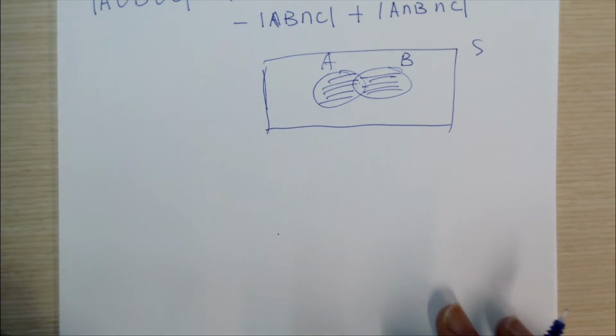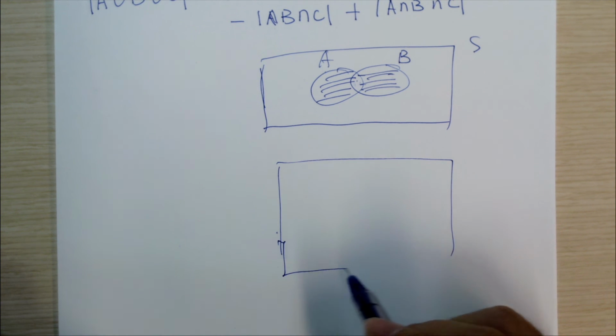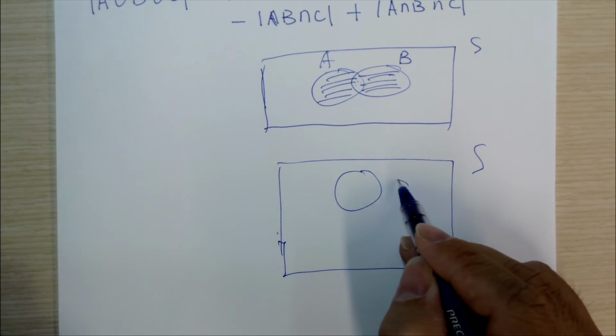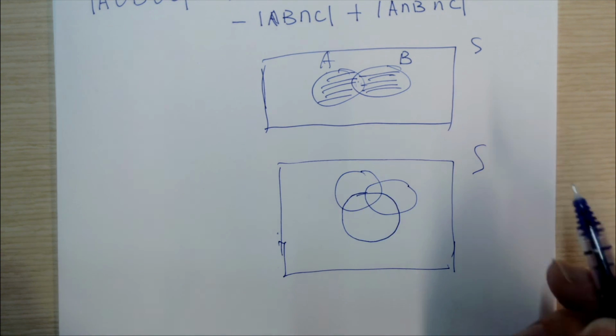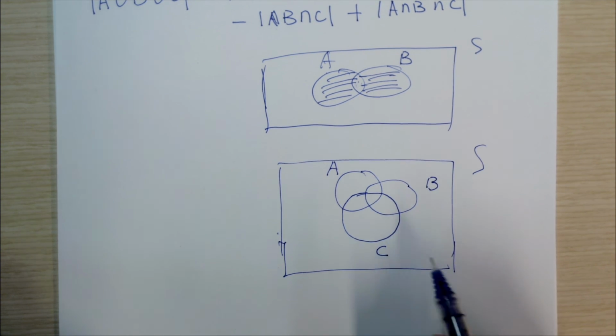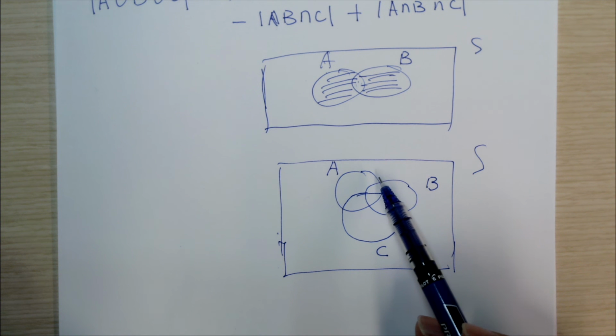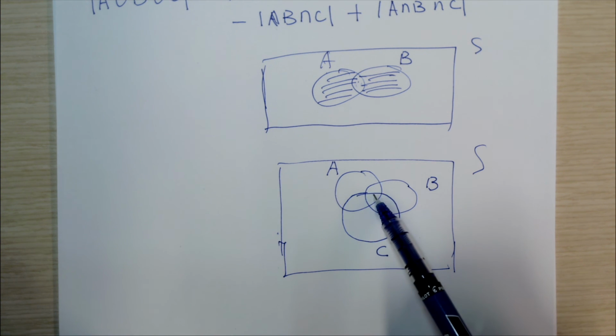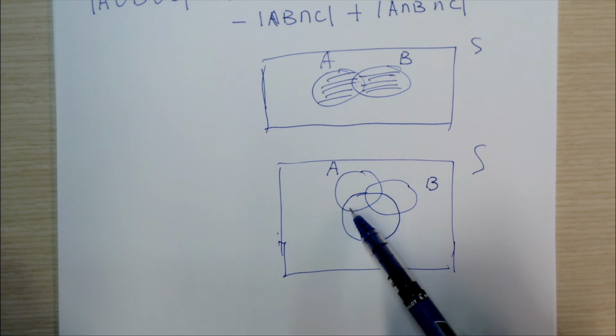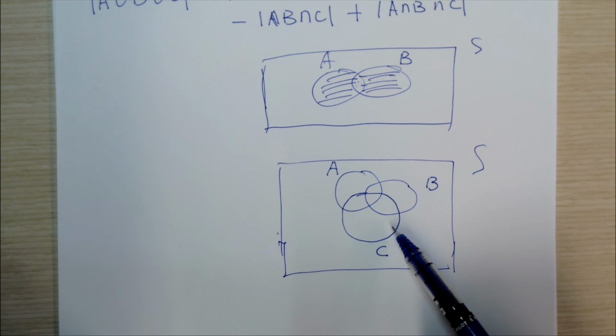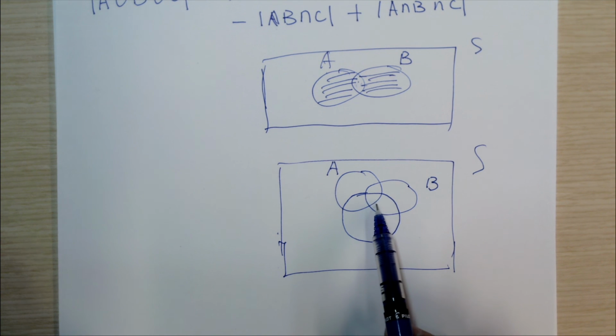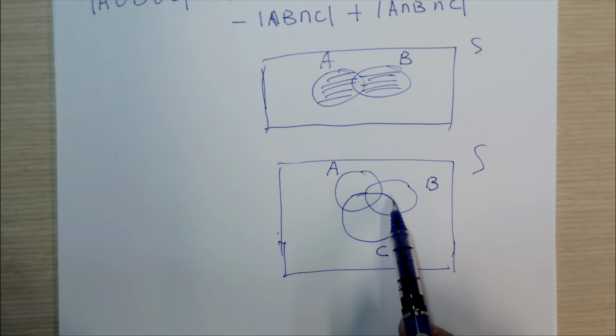Now, a similar idea if we have A, B, C. The cardinality of A union B union C is the cardinality of A plus the cardinality of B plus the cardinality of C. But as you can see, it counted the intersection of each pair of sets twice, so we need to subtract the intersections.